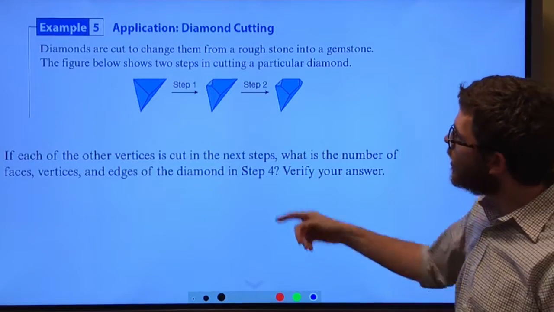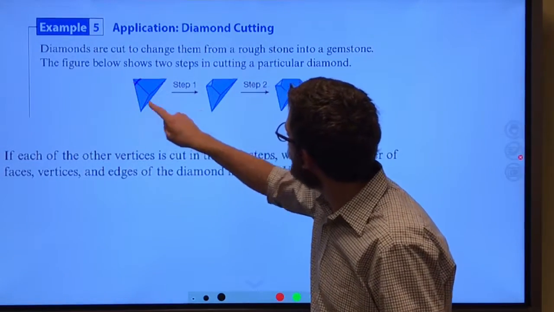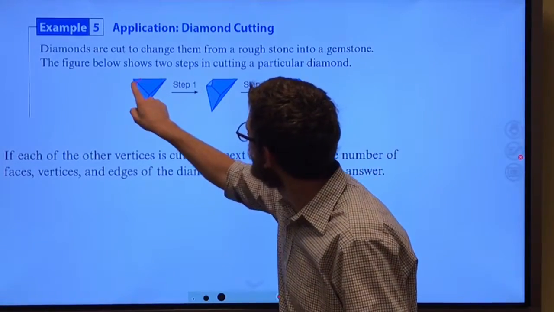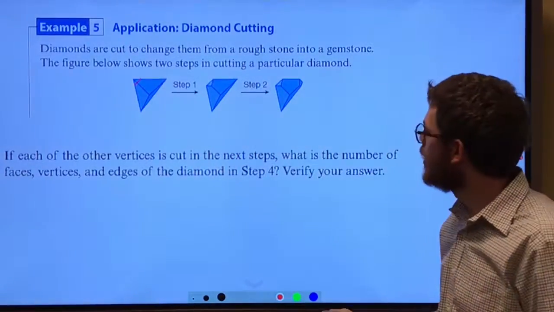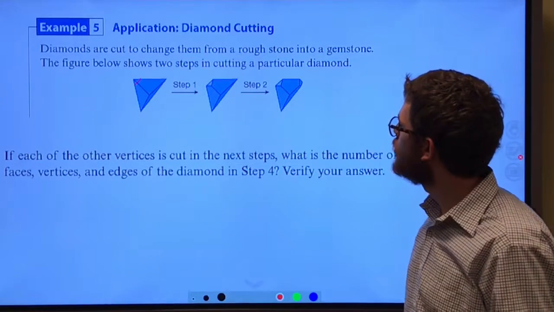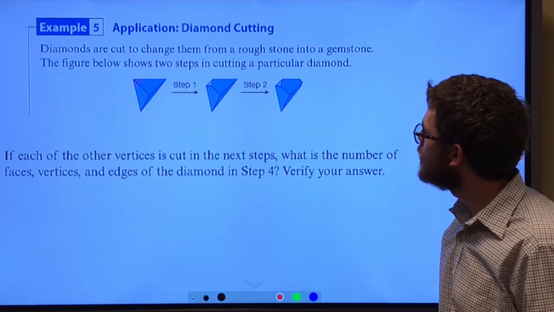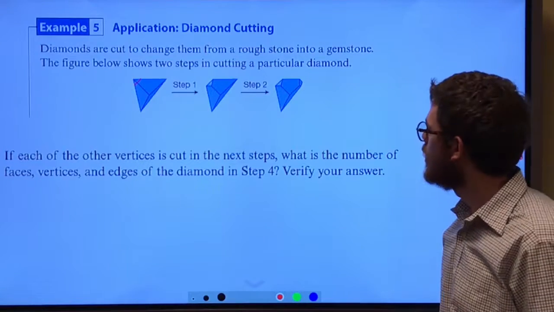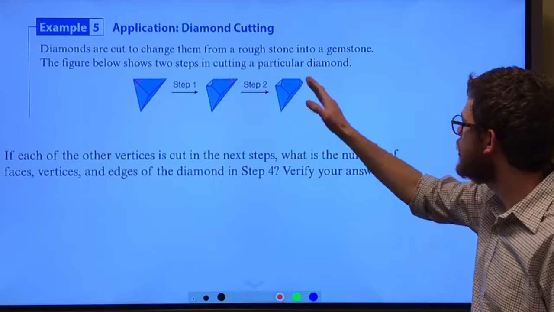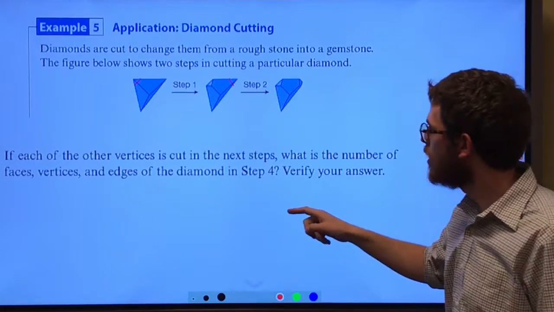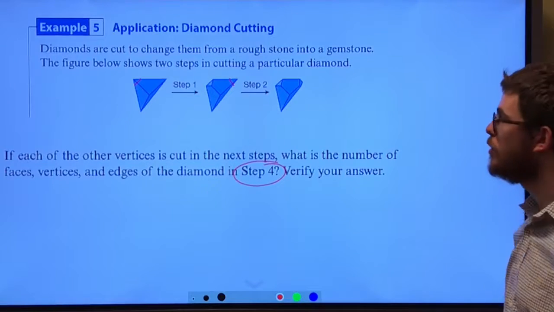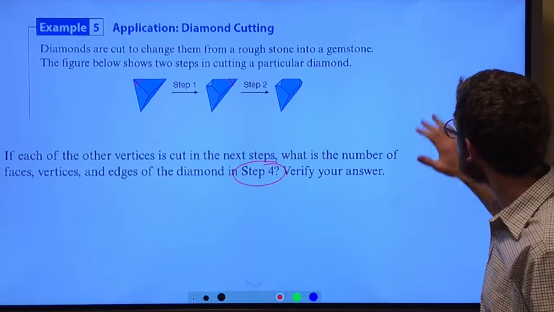And we are cutting, notice how they cut right there to cut off the corner of that diamond. They cut it off and it forms a new face, a couple of different edges and vertices there. And then we cut that off, and that was step 2. And we want to know how many are going to be in step 4. So hopefully we can see a pattern here.